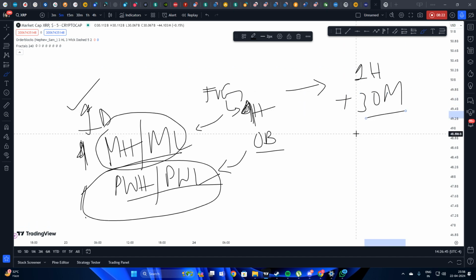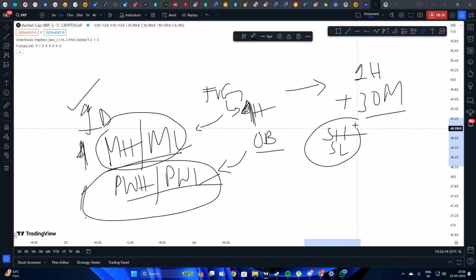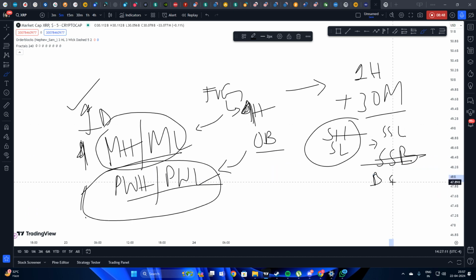In both of these, I mark swing high and swing low. These can also be marked as SSL if it's a low, or BSL, buy side liquidity, if it's a high.